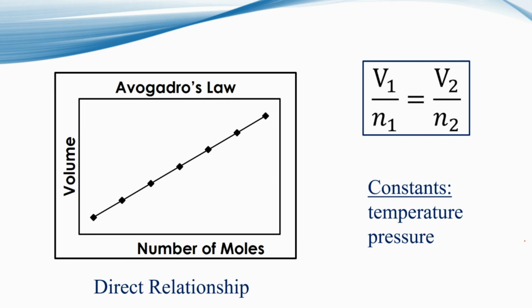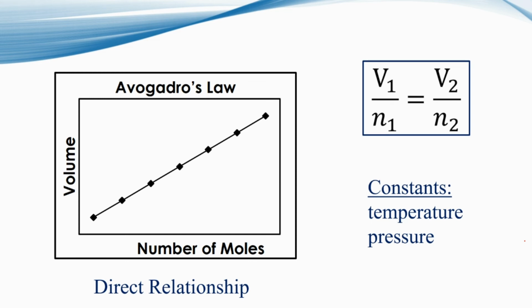So what we have here is going to be the number of moles. Now, obviously, if we keep the temperature and the pressure constant, so we're not giving them more energy, they're not hitting the walls of the container more or less often, that's staying the same. So let's think about what's going to happen. The more moles you have, the more particles that are in the container, the higher the volume is going to be.